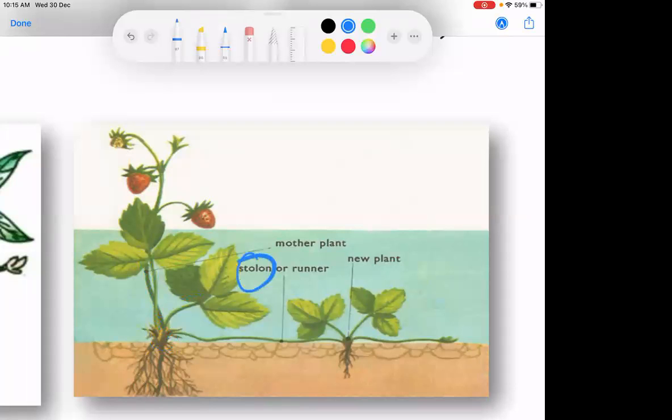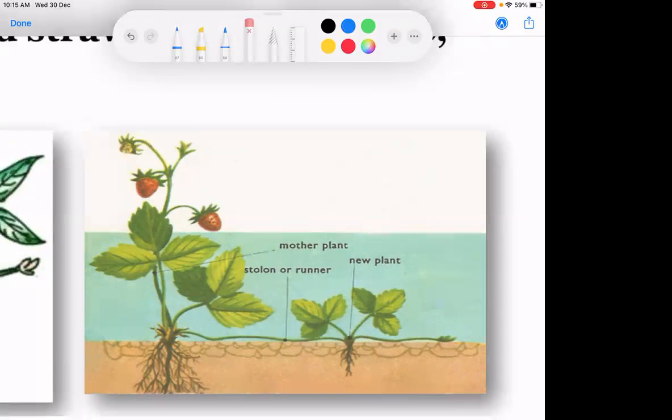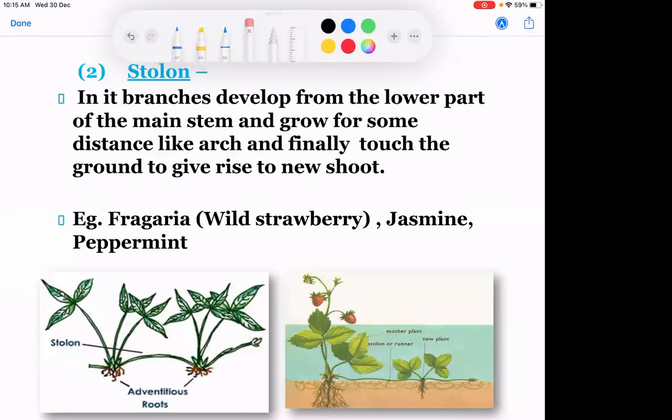So that is called stolon. Each and every branch is not producing a new plant, only the few which are lowermost and touching. The rest of the branches are aerial. Ready? These branches are aerial.